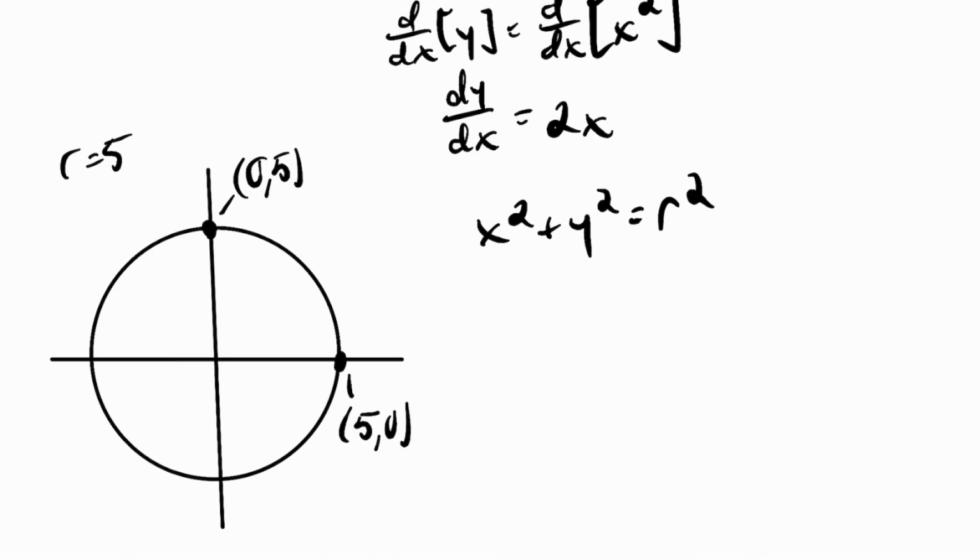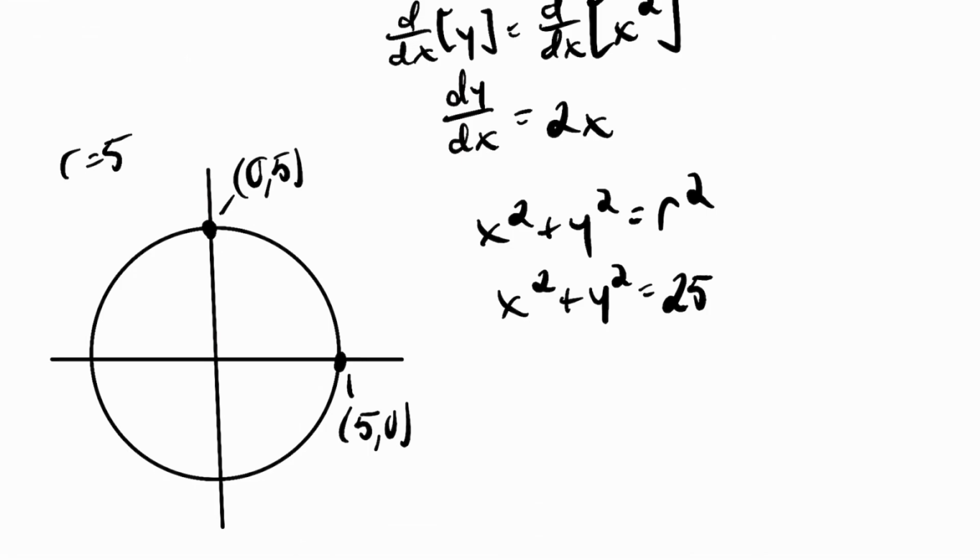These points on the circle's edge are all 5 units away from the center at the origin. So x squared plus y squared equals 25, since 5 squared is 25. This is the equation that describes the circle.